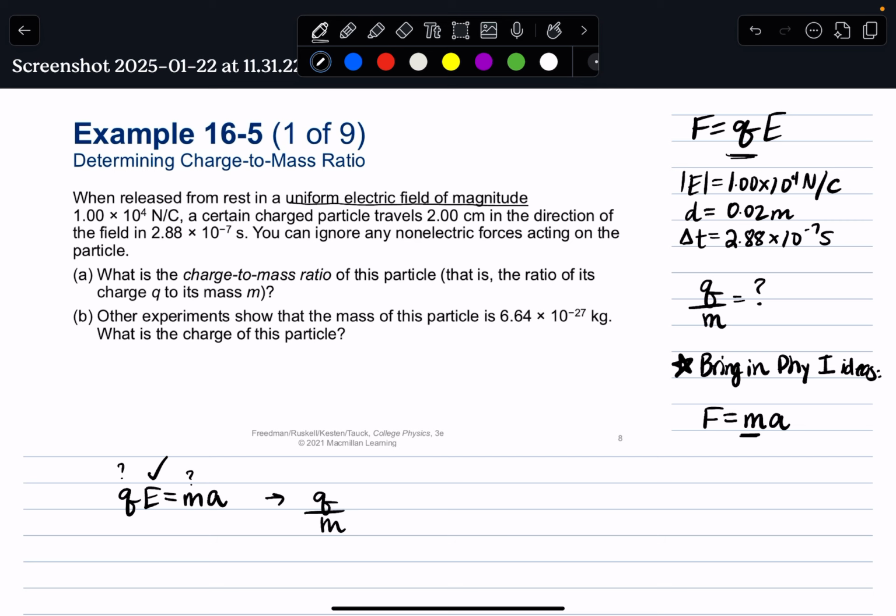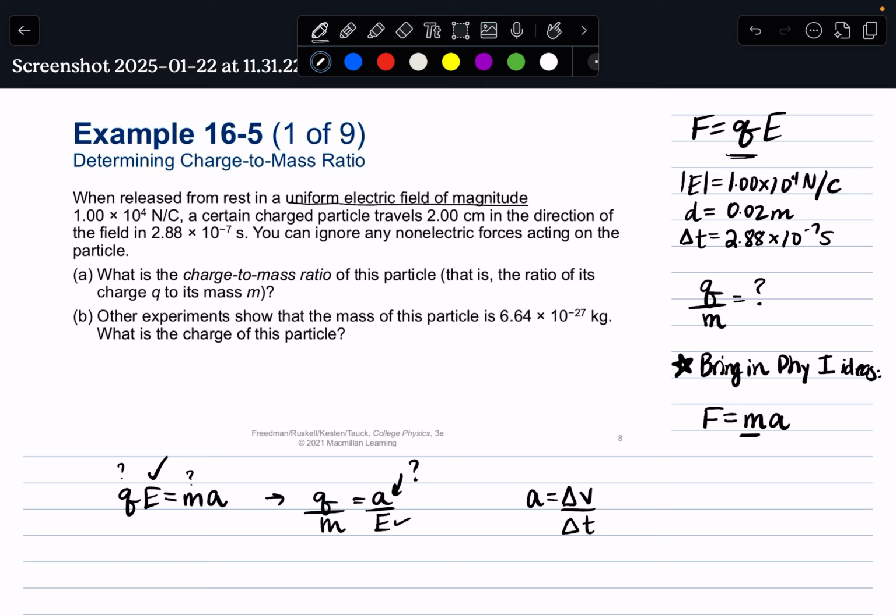We're looking for Q over M, which puts the right-hand side as a over E. So we are given E, what is the acceleration? We're told, I think, enough information to get acceleration. Remember that acceleration is the rate of change of the velocity as a function of time, so delta v over delta t.